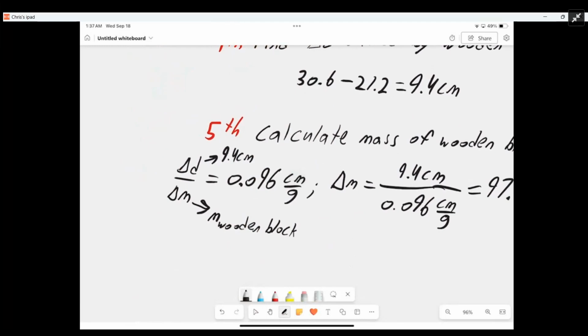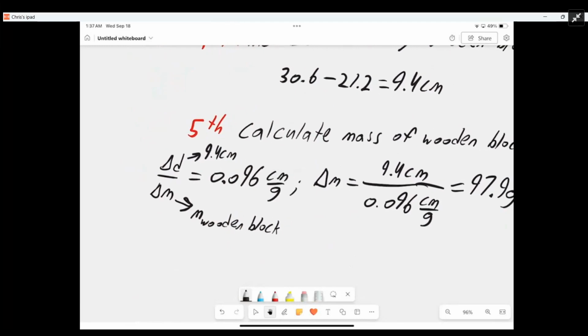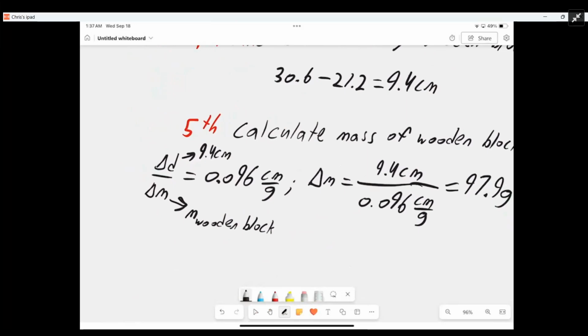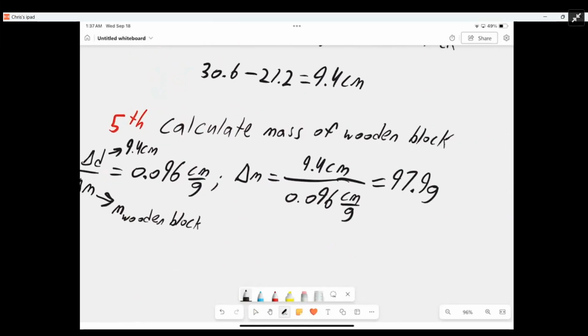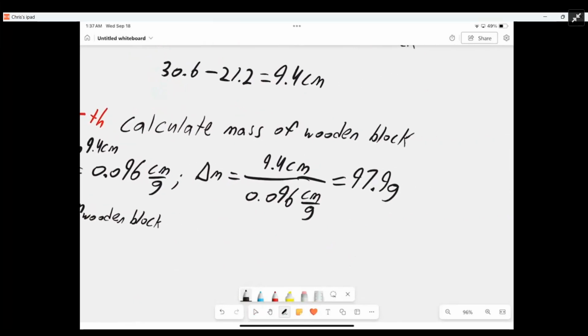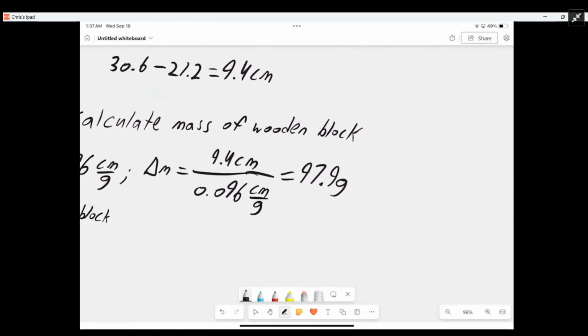By using the original formula, and I didn't show it, but if you multiply both sides by delta M and divide both sides by 0.096, you're going to end up with this formula, which is delta M equals 9.4 divided by 0.096. And that's going to give you a mass of 97.9 grams.